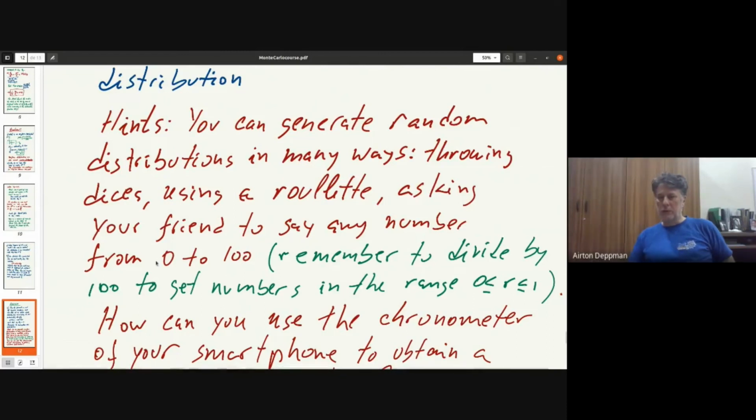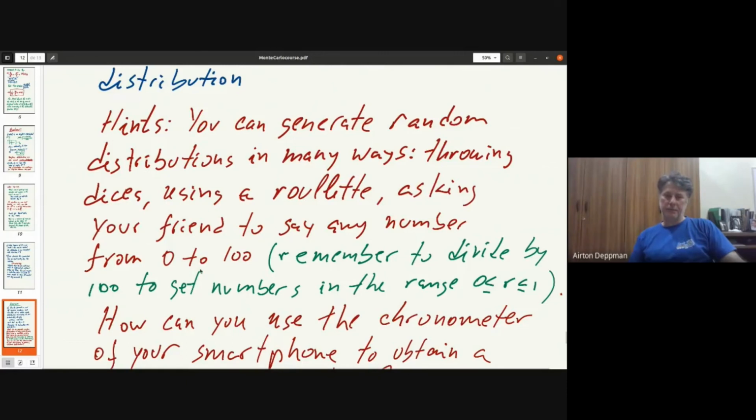Because if we want random numbers from 0 to 1, and you say to your friends, tell me a number from 0 to 100, you have to divide it by 100.